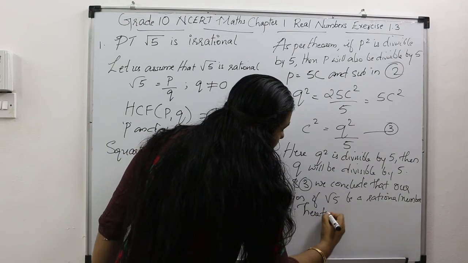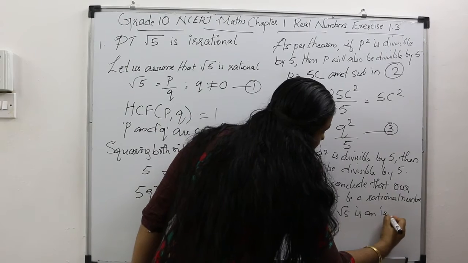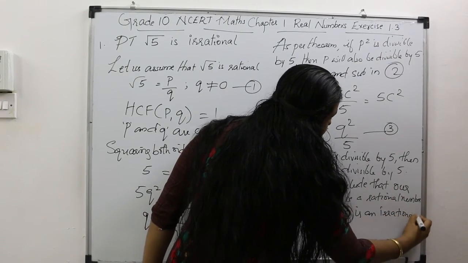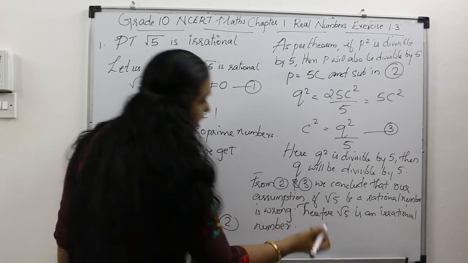Therefore, root 5 is an irrational number.